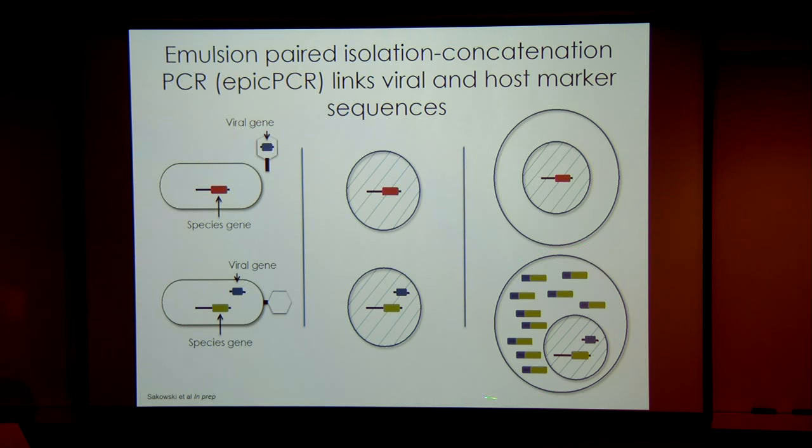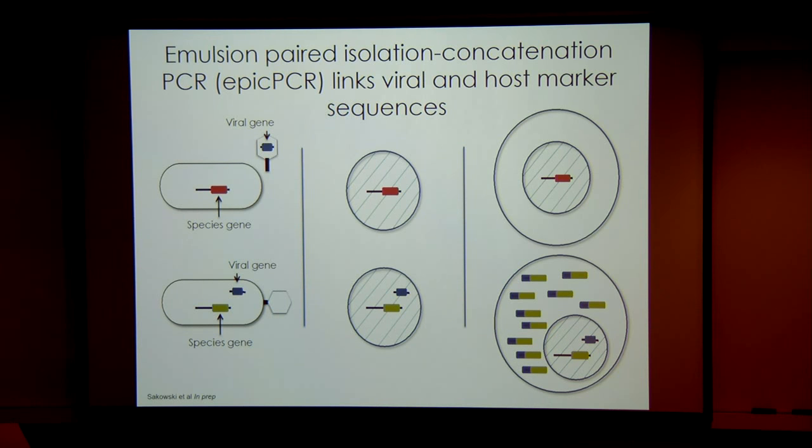And when we do amplification, we make sure that it is specific and only amplifies organisms that are being infected by viruses, and we don't get amplification from organisms that aren't infected by viruses.